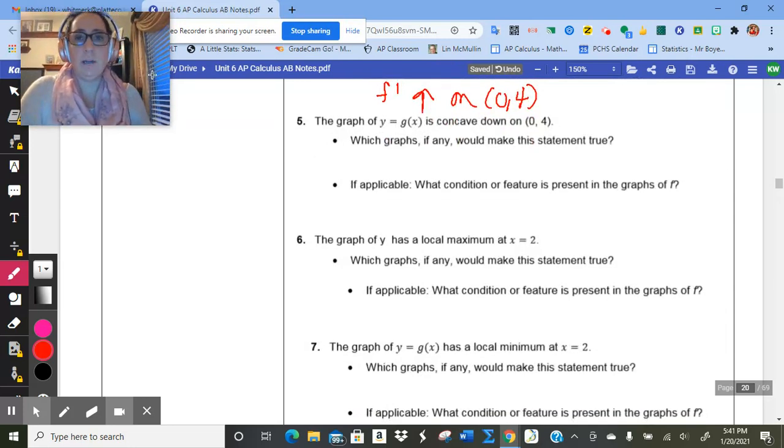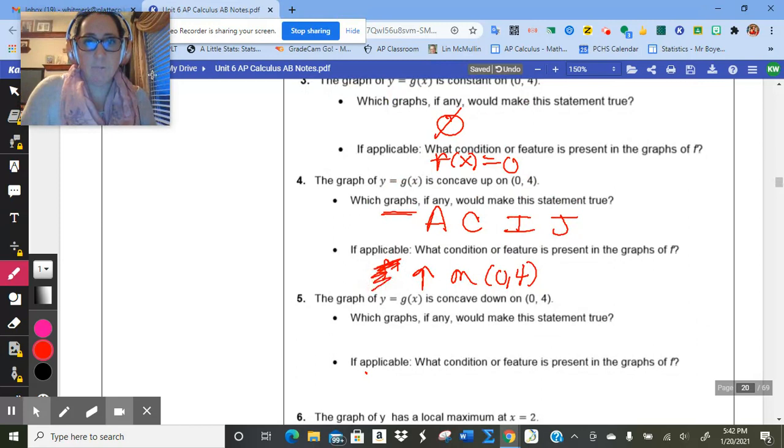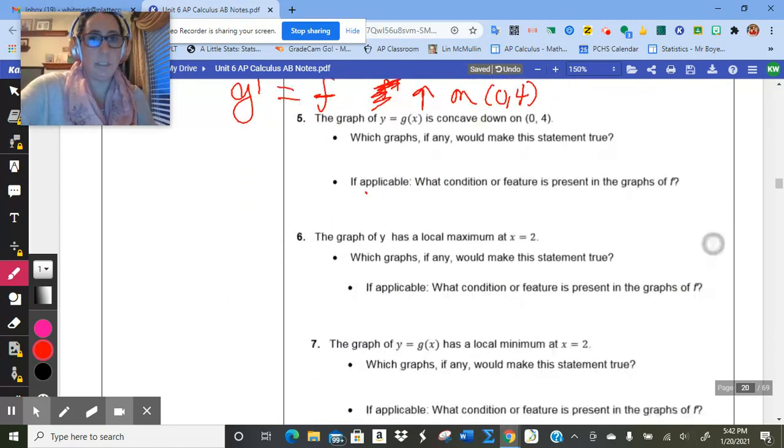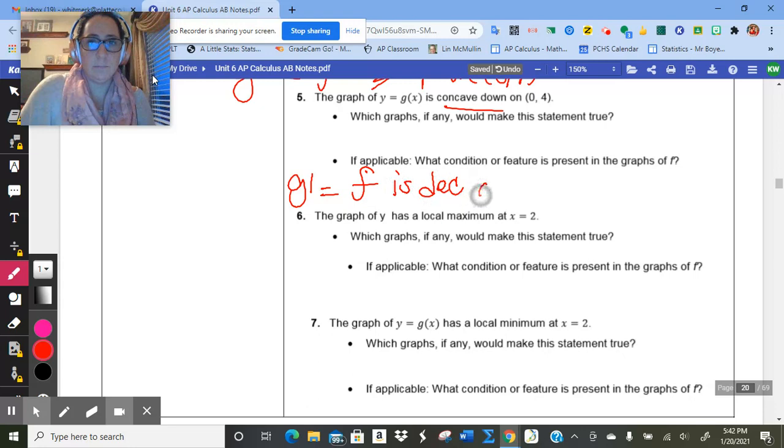Okay, here we go, where g of x is concave down. That's going to be, guys, I'm so sorry, not f prime, f, which is g prime. That's twice. I've already done that. I'm crazy. I tell you, I'm crazy. Okay, so this is going to be where f, which is g prime, if we are concave down, is decreasing.